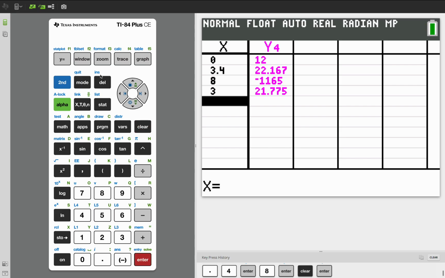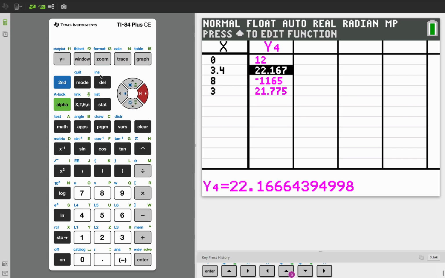We can't really delete that, so we're just going to ignore that 3. So here we have a maximum at 3.4 because that's 22.167. That's 12, then this was a negative answer.